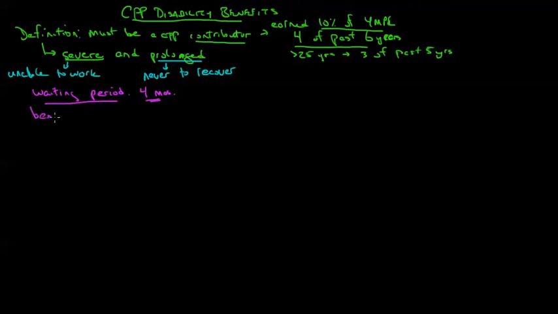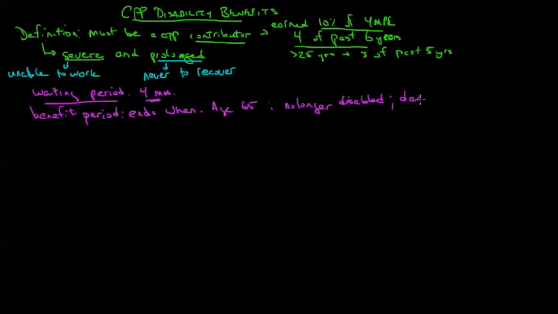The benefit period: your CPP disability benefit ends when the earlier of any of the following events happen. When you get to age 65, and that's when your normal CPP retirement benefit would kick in, or when you're no longer disabled, and I'm sure I don't have to indicate this, but this would include obviously somebody who has died, because then you're no longer disabled.